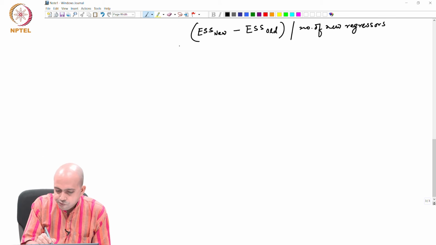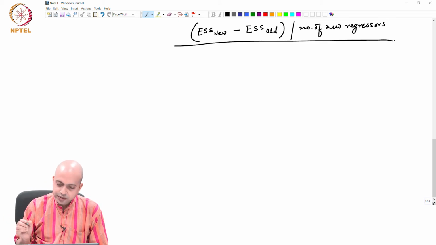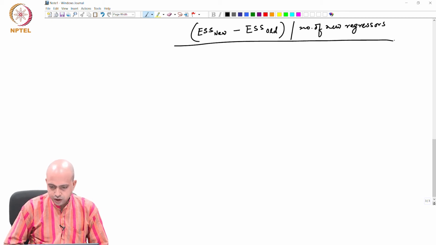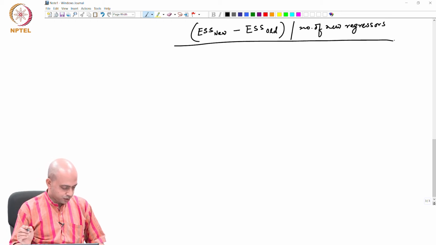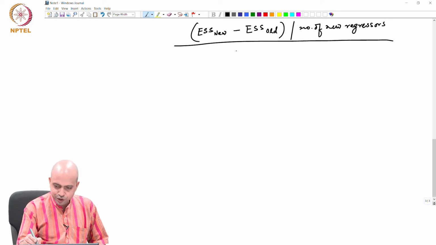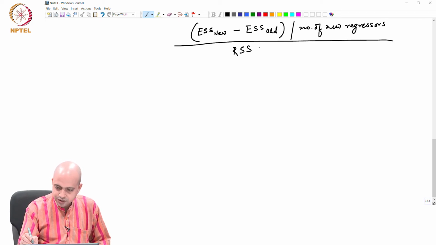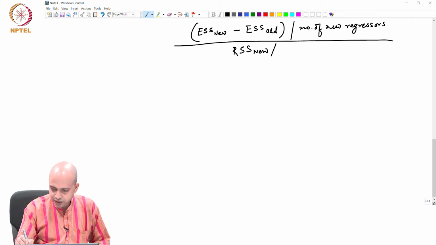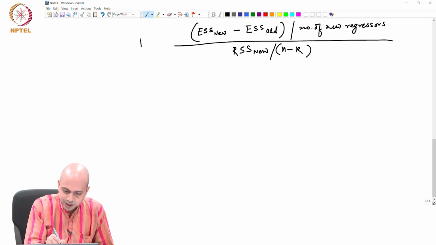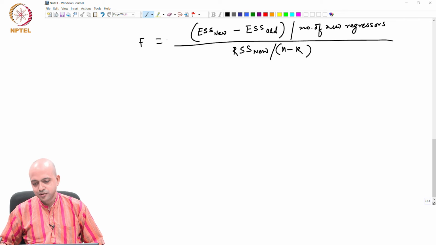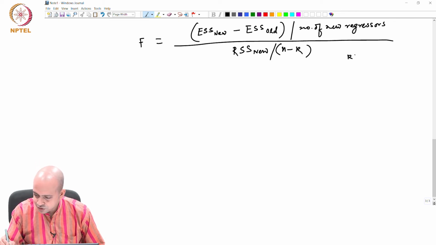And then your numerator is the difference between ESS new and ESS old, divided by the number of new regressors. What should the denominator be? The denominator should be RSS new divided by n minus k, where k is the number of parameters to be estimated from the new model, and this is how the F statistic is defined.